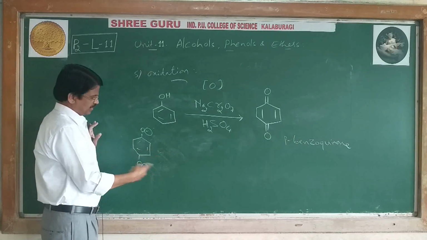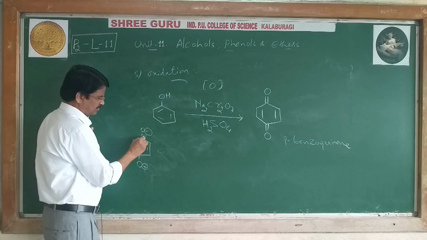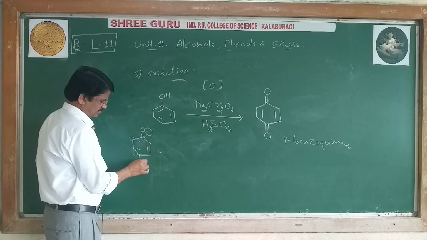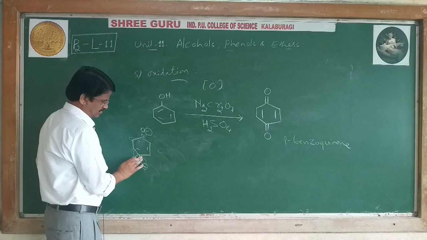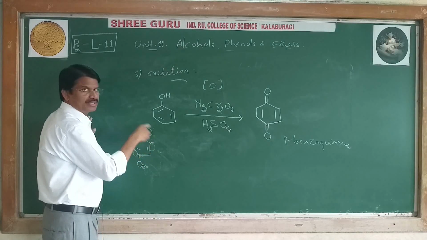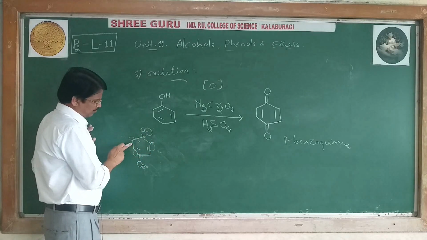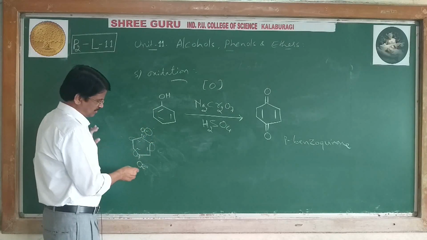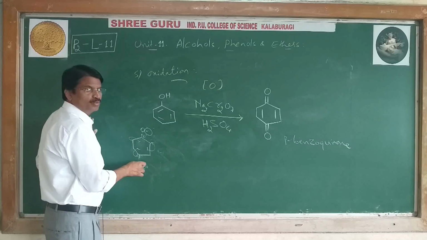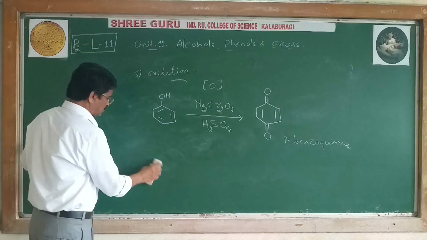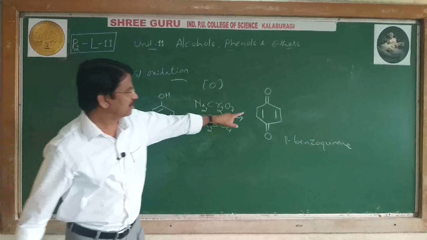Two H and O, H2O, and this undergoes resonance. Like this you can write resonance structures. Then the position of the double bond changes. Again it undergoes resonance with this O, and finally we get a diketone.